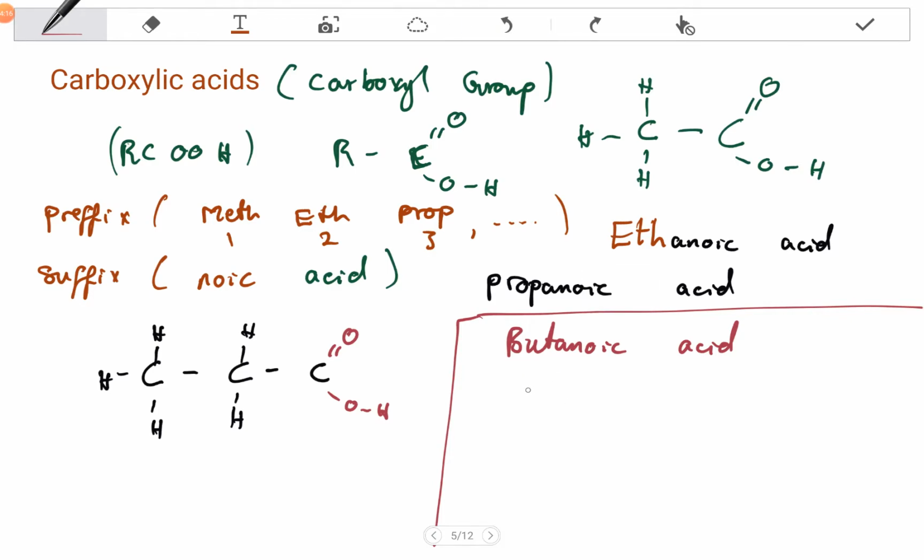Another one, butane diol, find the structure of that, and find the structure of octanol. Draw the structures of these things as homework.